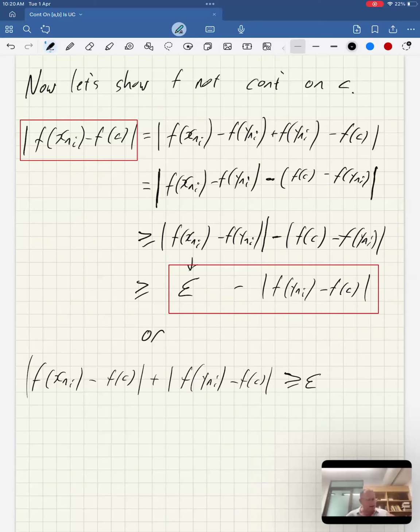Okay. And epsilon is strictly greater than 0.